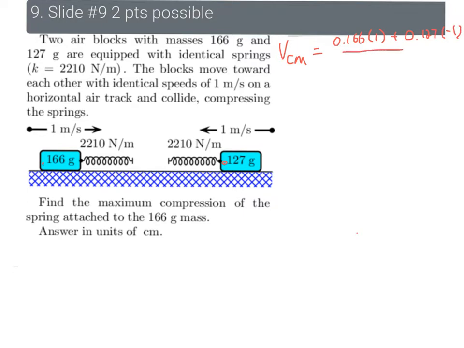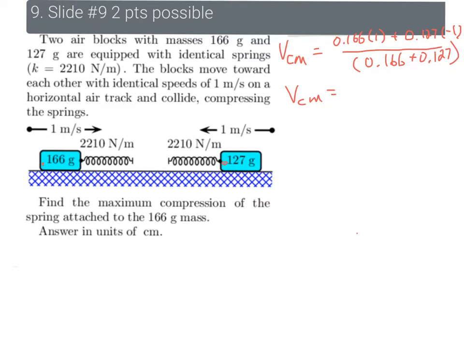So we're going to end up subtracting those and then dividing by the total mass of the system, which will be 0.166 plus 0.127. So if I do that, I'm going to get my velocity of the center of mass.